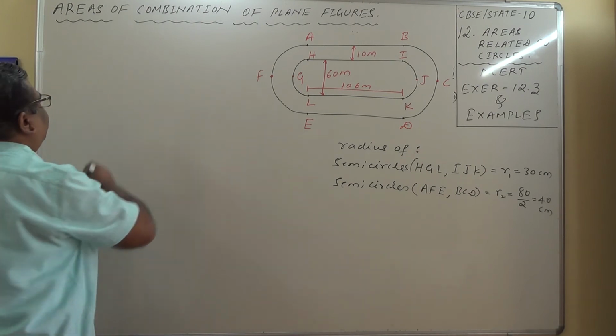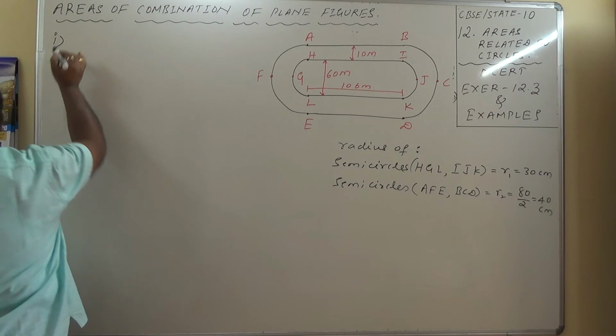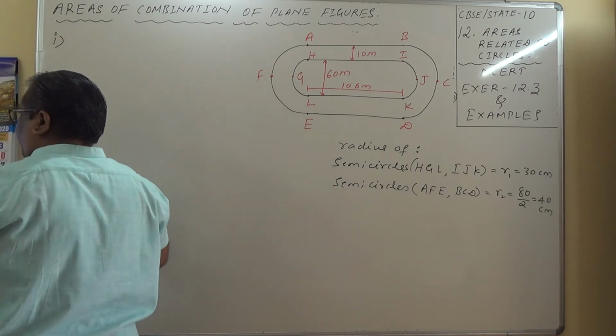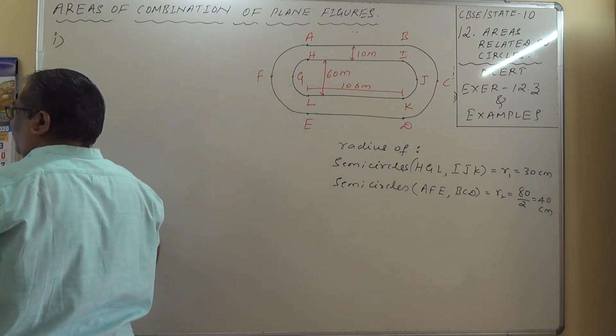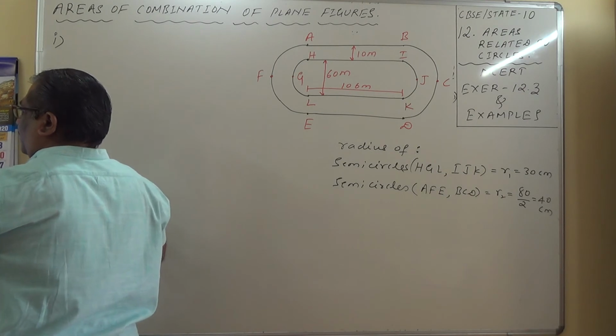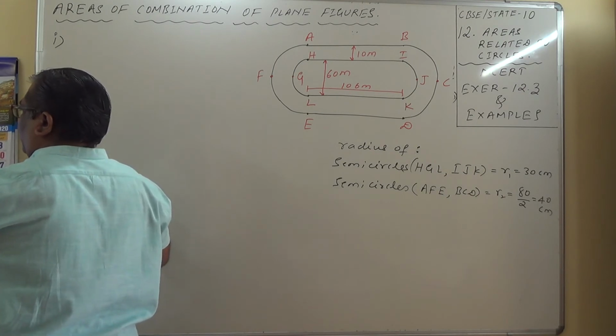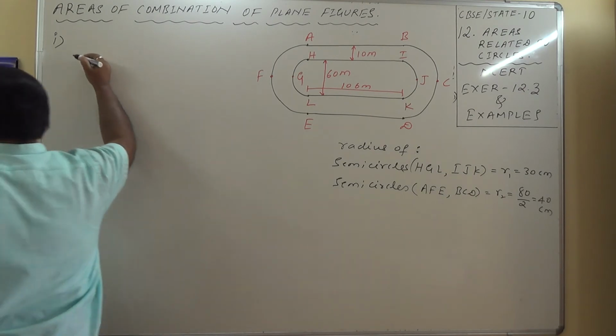The first part of the question is the distance around the track along its inner edge.